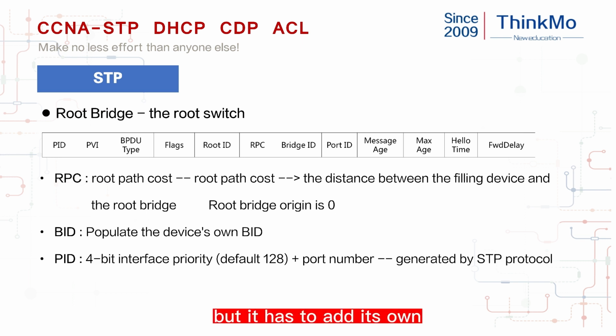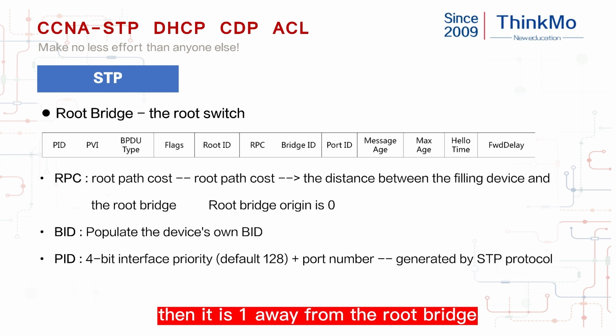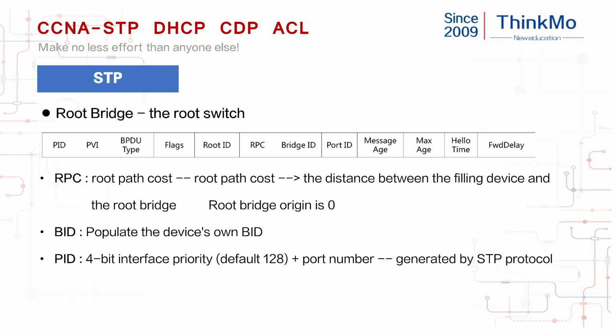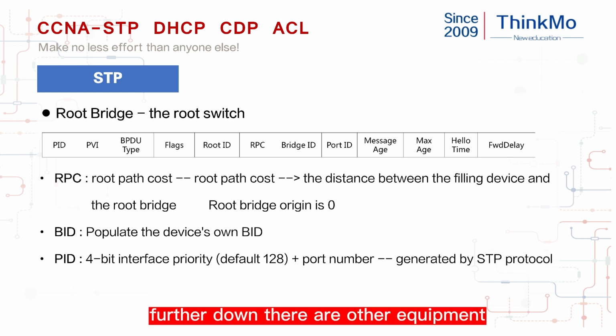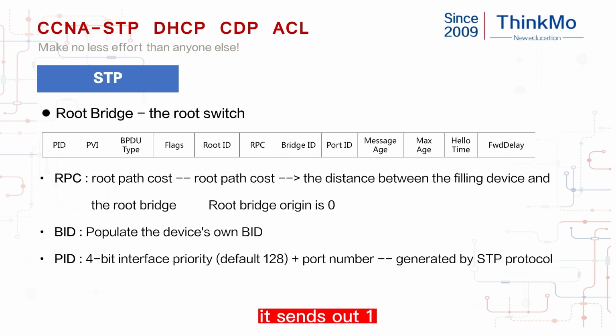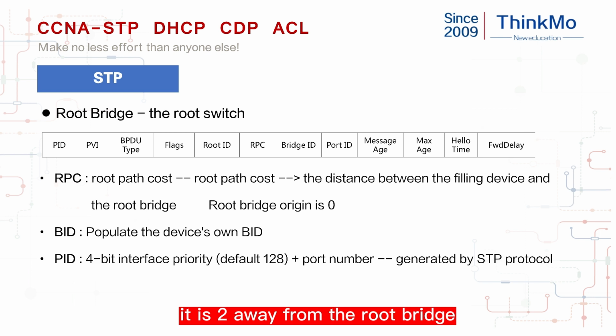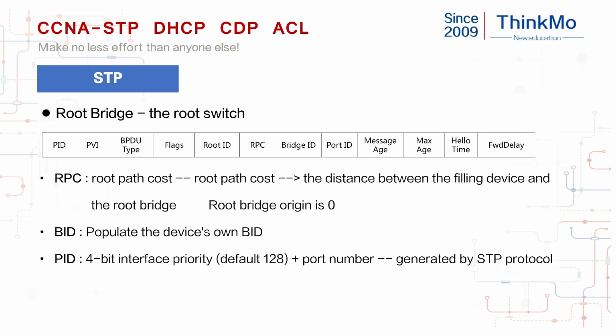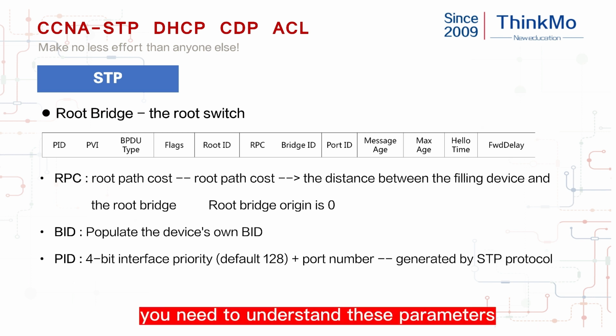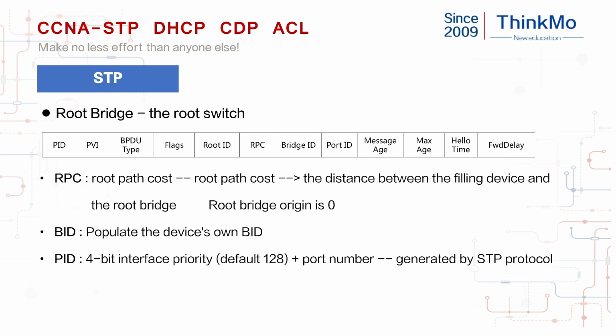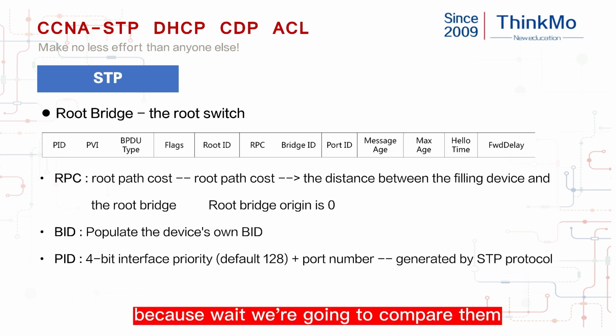But it has to add its own. Then it is 1 away from the root bridge. Further down there are other equipment. It sends out 1. Its own interface is 1 plus 1. It is 2 away from the root bridge. Okay. You need to understand these parameters, because we're going to compare them.